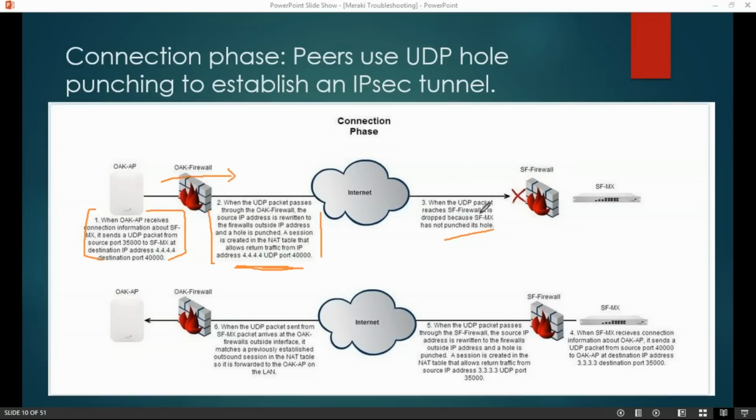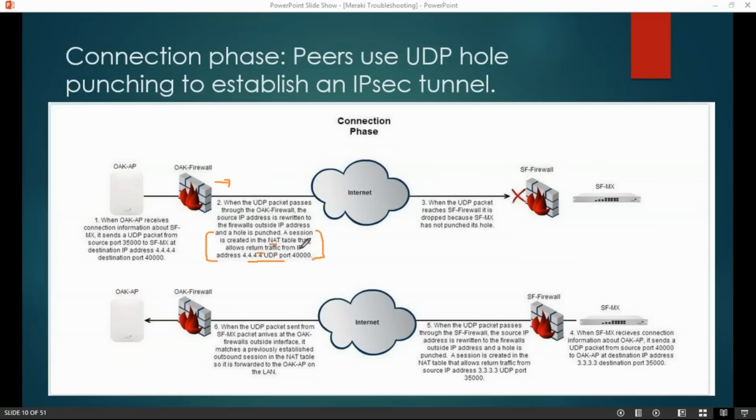When the UDP packet reaches the SF firewall, it is dropped because the SFMX has not punched its hole. This particular firewall doesn't have that hole, so it will first drop the packet. Important to note here is that NAT will happen and you have a NAT table for this particular destination; you have one session.